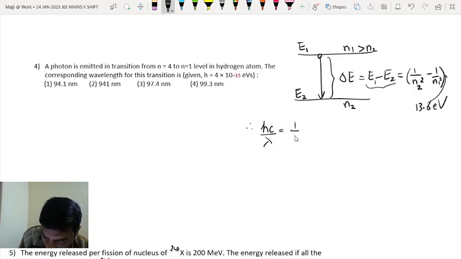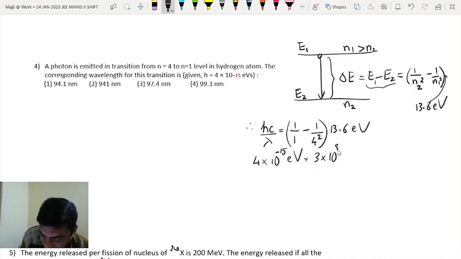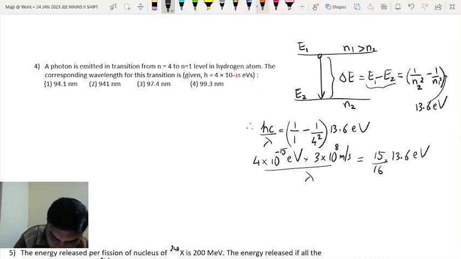So here the transition is from where to where? N equal to 1 to n equal to 4, into 13.6 electron volt. Now h is given as 4 into 10 to the power minus 15 electron volt second. c is 3 into 10 power 8 meters per second. Lambda we have to calculate. This will be 15 by 16 into 13.6 electron volt. 3 5s are 15.